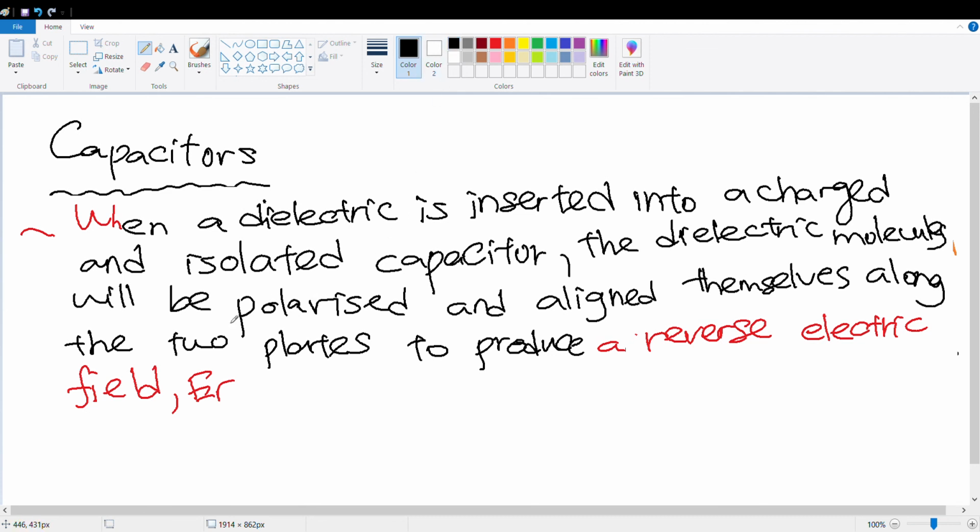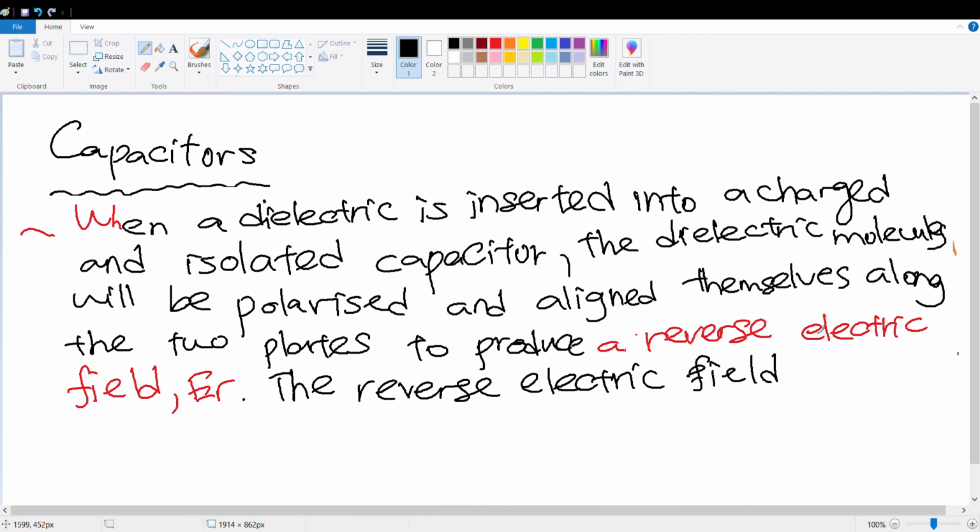The reverse electric field, we should write it in terms of electric field strength, which is more accurate.